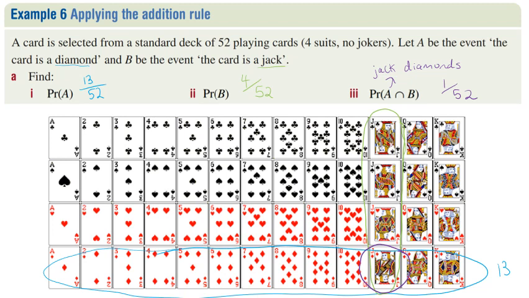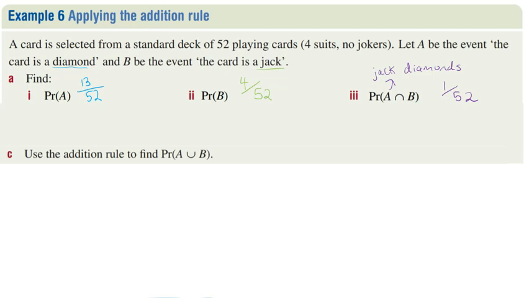We're going to use this for the next question on the next slide. Now it says use the addition rule to find the probability of A or B. So the addition rule, I write it out: A or B equals probability of A plus probability of B minus probability of A and B.